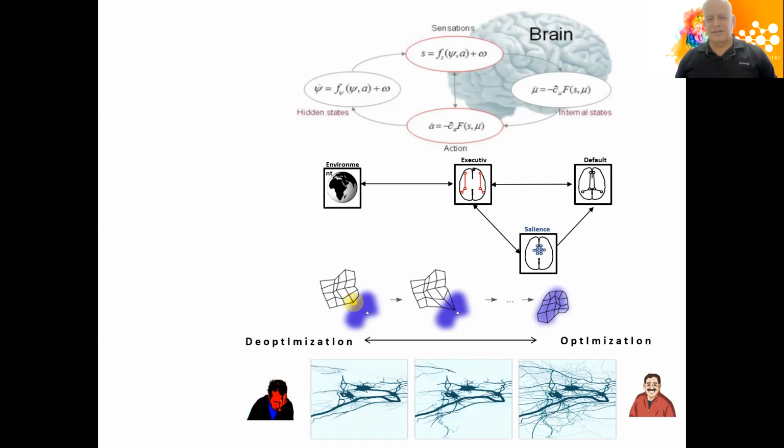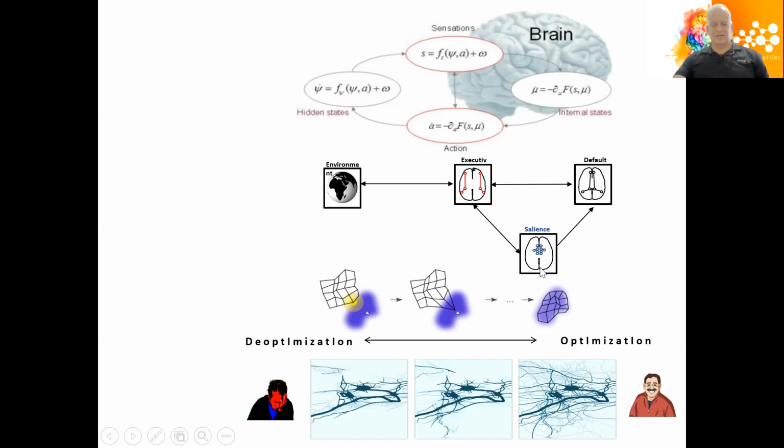So how does the brain do this kind of continuous matching? We assume and we know that the brain actually organizes as a whole in 3 types of organization: executive networks, salient networks, and default mode networks.